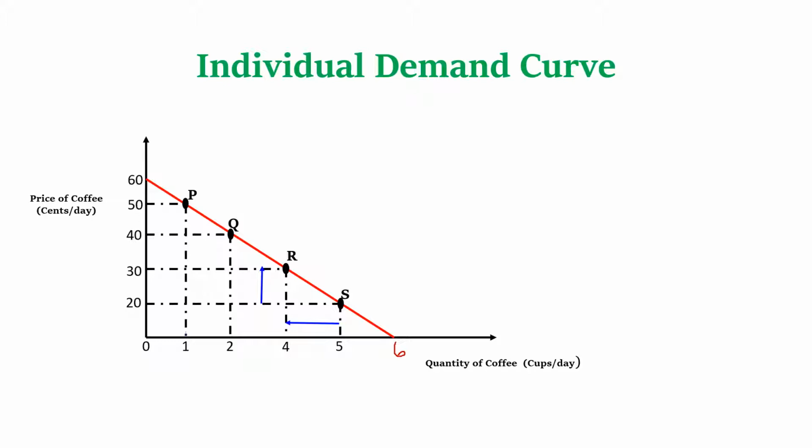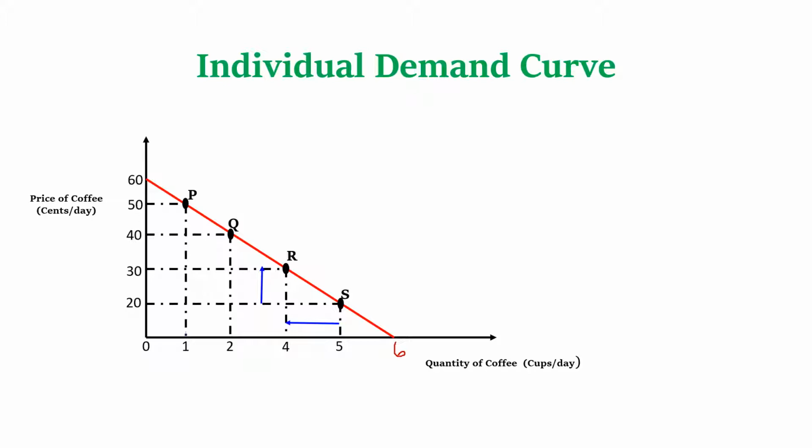So at that quantity of 6, the price will be what? The price will be 0, right?